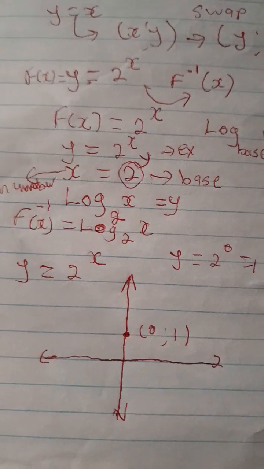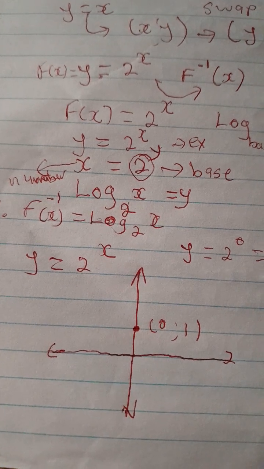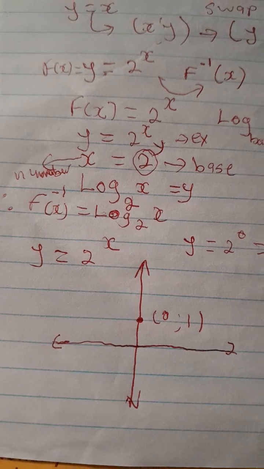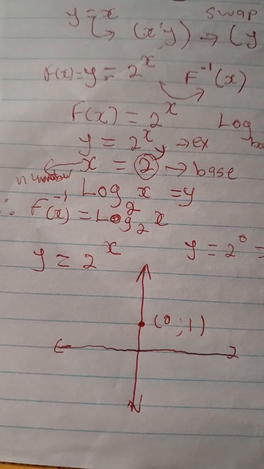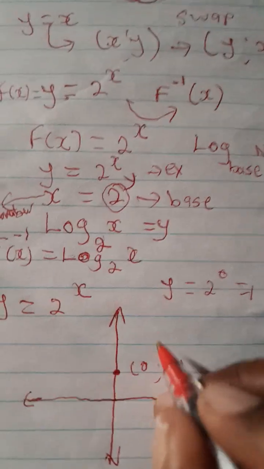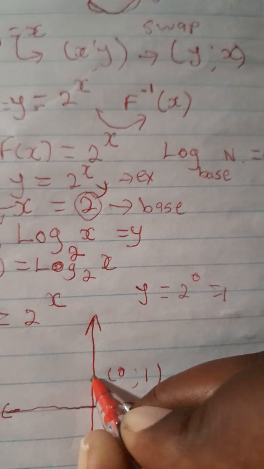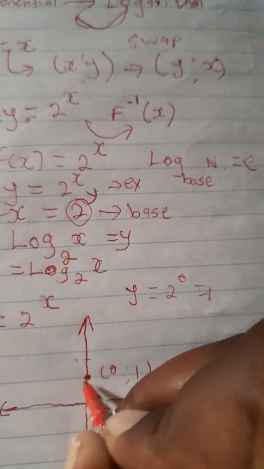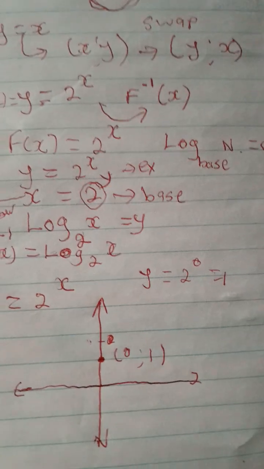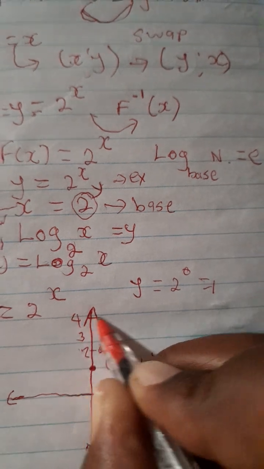Then, guys, you also need to find other points. In terms of other points, you can use a table method. Let's consider this. Let's say here you're going to have 1, then there's 2, 3, and it ends at 4.